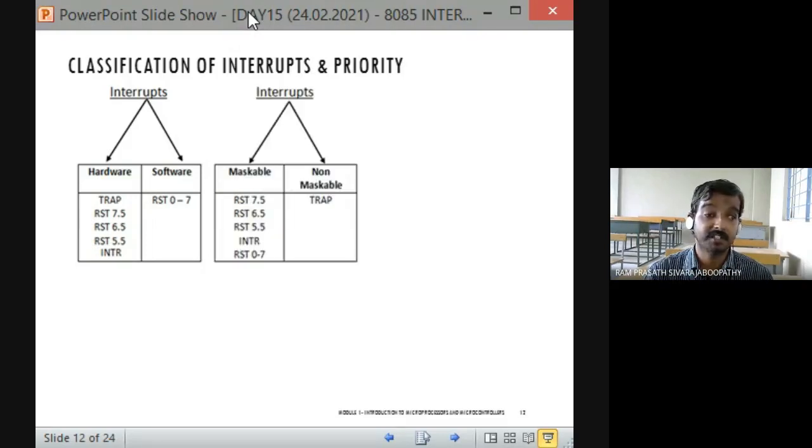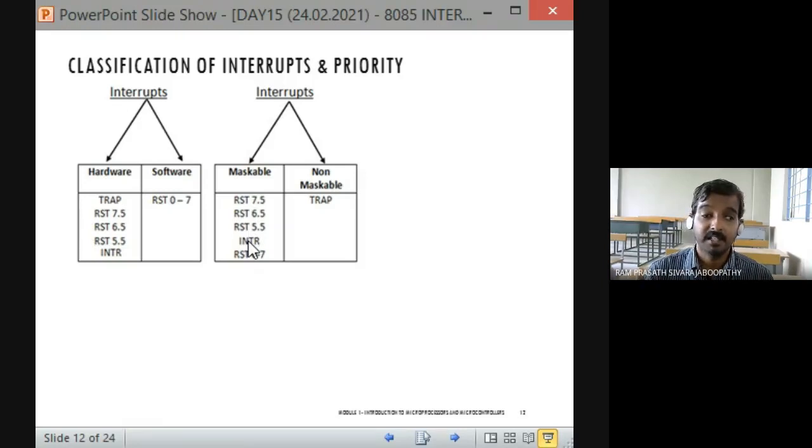Another classification is maskable and non-maskable. Among these, RST 7.5, 6.5, 5.5 and INTR are the 4 interrupts we can mask.